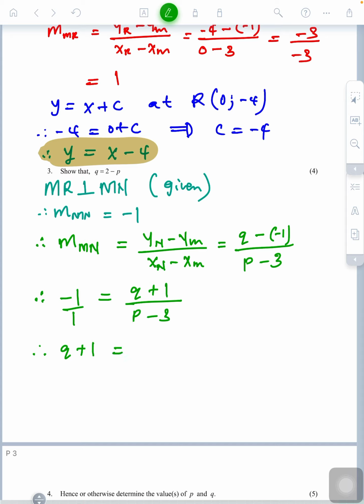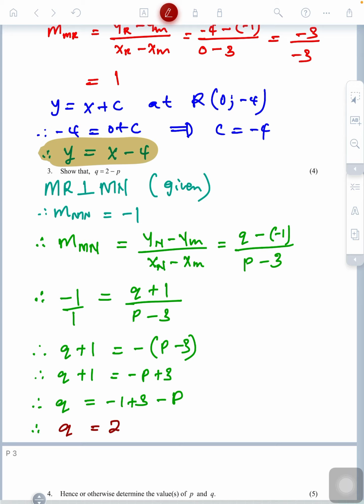-1 times (p minus 3). So let's see that. We're going to have q plus 1 equals -p plus 3. I'm going to transpose the 1 that side. So this is going to be q equals -1 plus 3, and then I have a -p there, which will then mean that the value of q is going to be given by -1 plus 3.